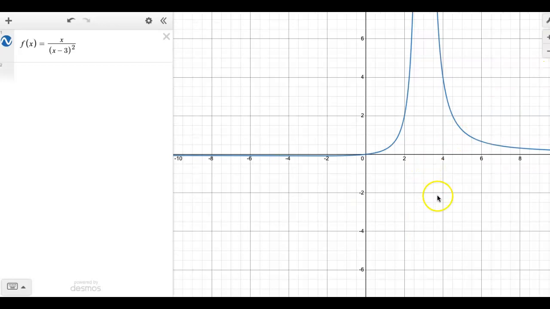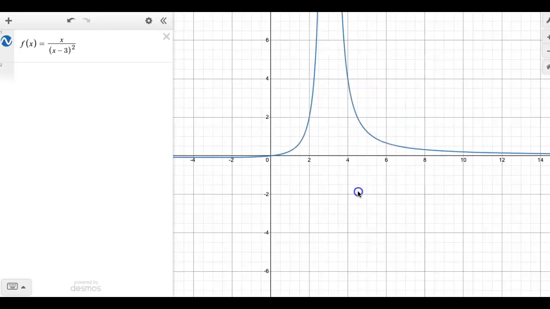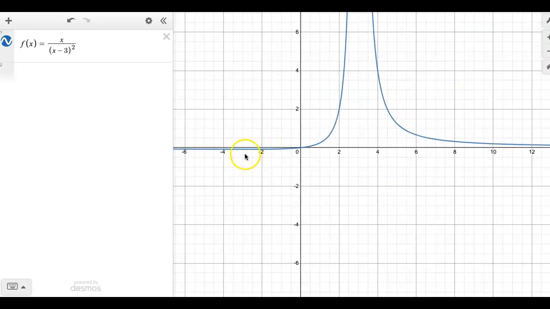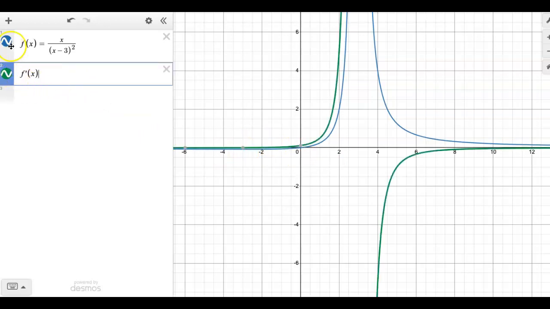The other way that you can cheat a little bit and check to see if there's a relative max or min that you can't really see and you think it's at 3 but you're not sure, do this. If you type in f prime of x, it'll graph the derivative, and then you can check to see if the derivative is 0 at that point, and it is, right?